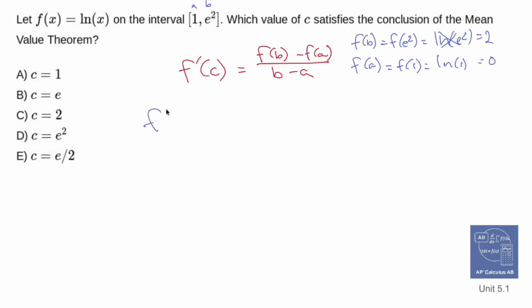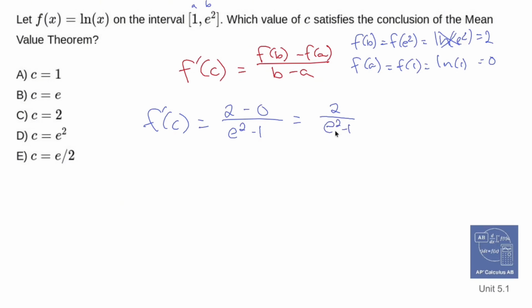So f prime of c is going to be f of b, which is 2, minus f of a, which is 0, over b, which is e squared, minus a, which is 1. So I get 2 over e squared minus 1.